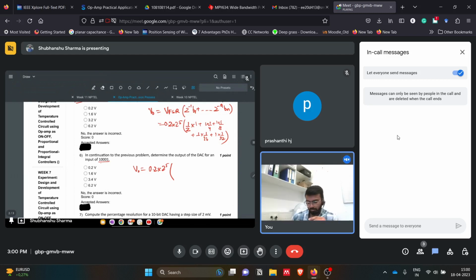So the B1 and the fifth component will be 1 in this case. So 1 into 1 by 2, plus everything in between will be 0, 1 2 3 4, plus the last bit will also be 1. Based on this we can derive the answer for this question. This is also easy.